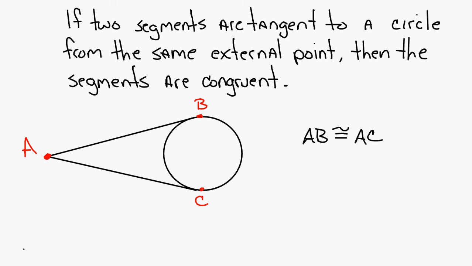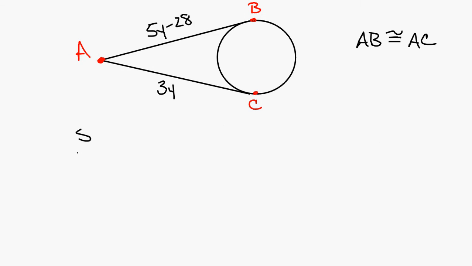So if you were given something like AB is 5y minus 28, and AC is 3y, and you're asked to solve for y, you would set the two expressions equal to each other. You would make 5y minus 28 equal to 3y.